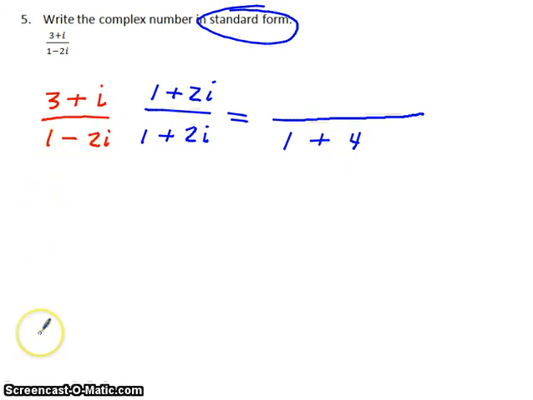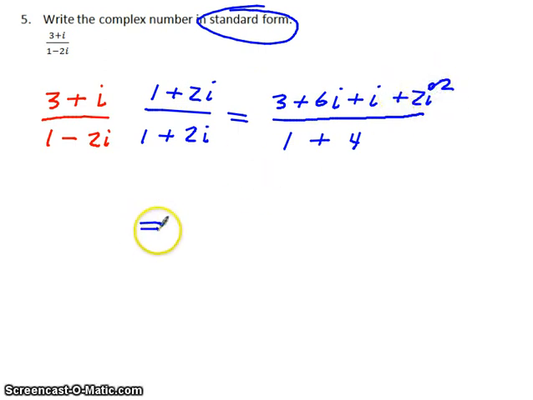I'm going kind of fast here, I know. So we multiply 3 times a 1, it's 3. 3 times 2i is a 6i. And then i times 1, and then i times 2i. And so let's simplify.